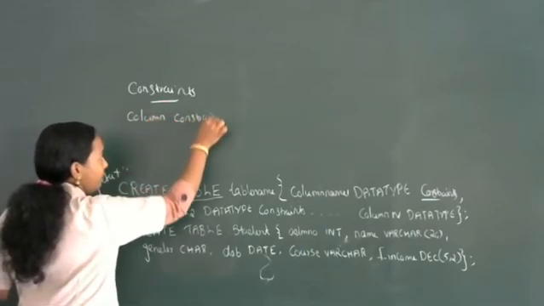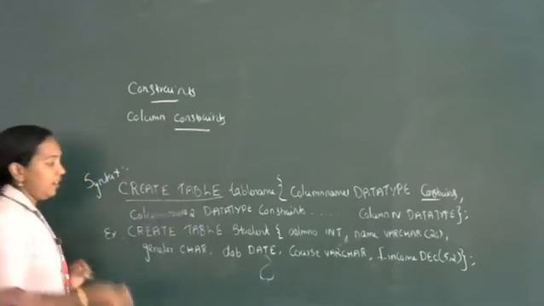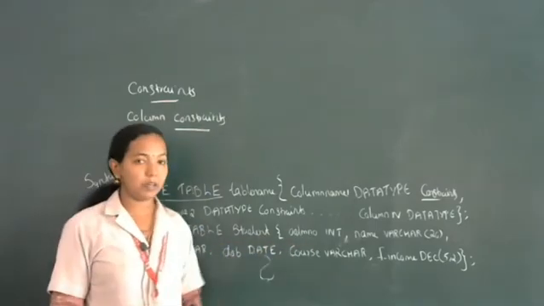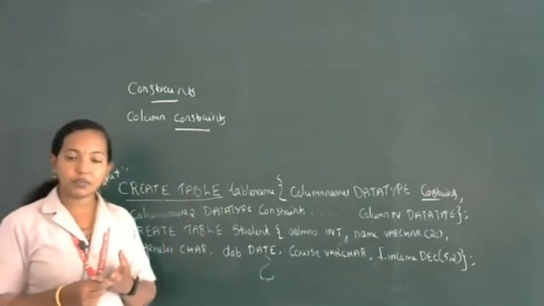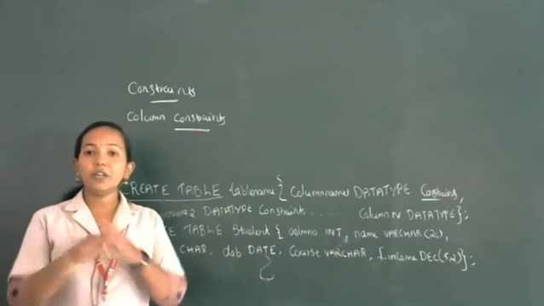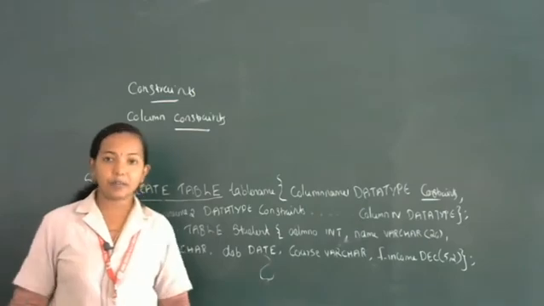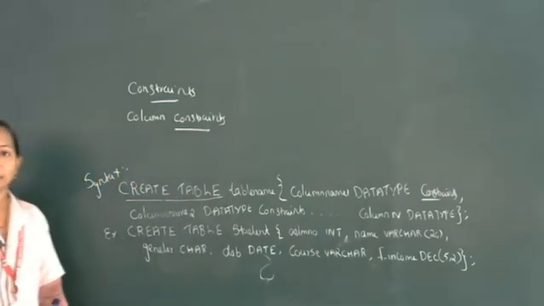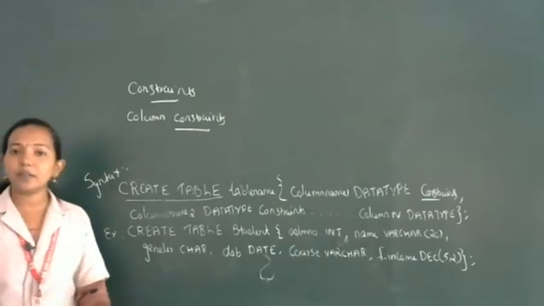We can give different restrictions to the table. For example, admission number. When we create a table for a student, there will be no duplicate value for admission number, because to uniquely identify a student we are using admission number. Then that column will not be null.